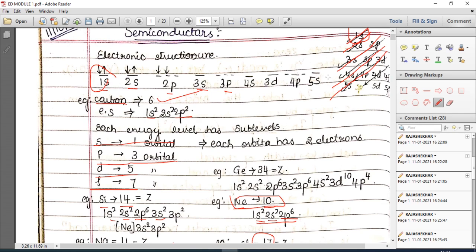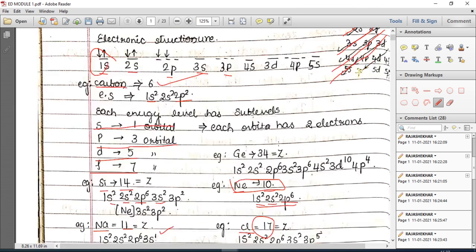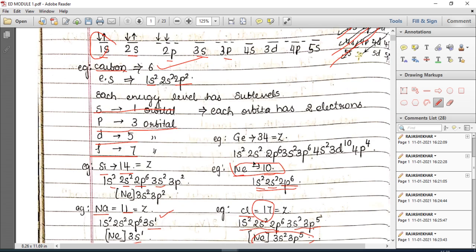This is just an introduction part, because I am going to use this electronic configuration while discussing bonding forces in solids. That is why I have discussed this.